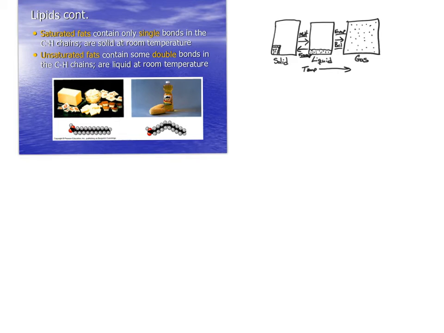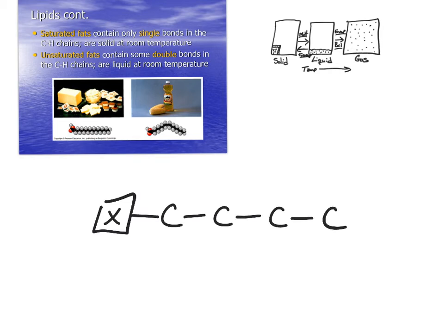So, when we're talking about saturated fats, I'm going to quickly draw this. I'm going to draw the X again. If it's a long chain of carbon and hydrogen, what is it? Nonpolar, and it's a lipid.